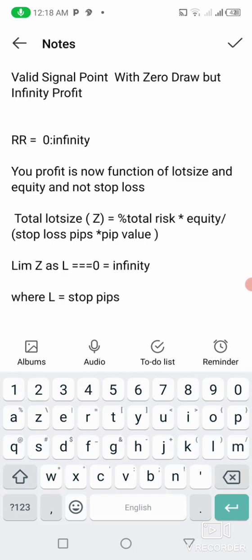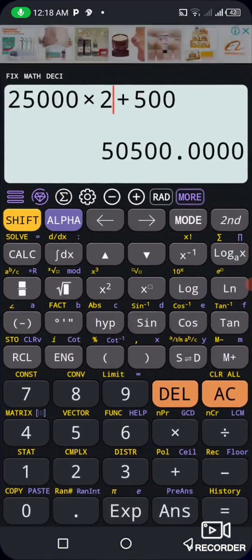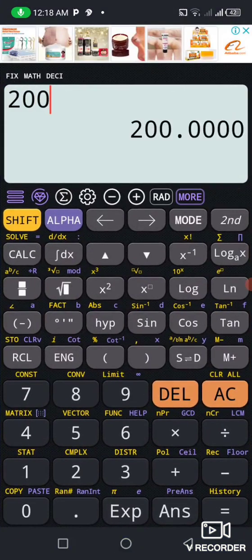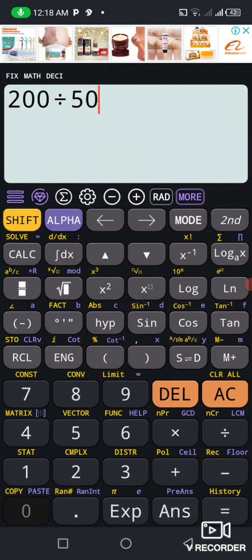So $200 divided by 500 pips, open bracket, then upon p value, close bracket. Now the p value for V75 is $1, right? So if you go to calculator, you will have 200 divided by 500. So we are using a total lot size of 0.4.